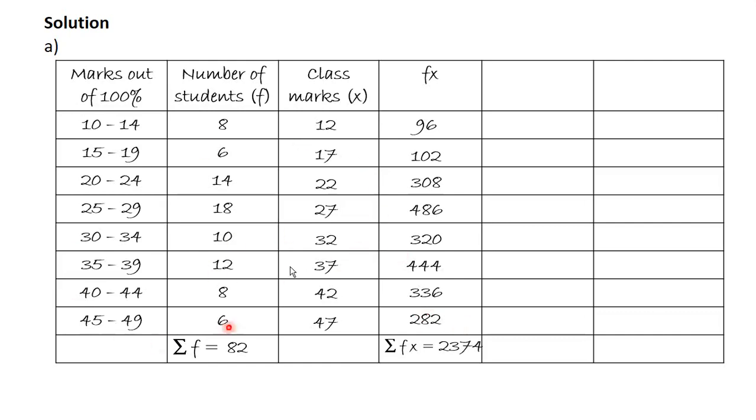So we have finished filling this table. Now, since we also want to get the median, we shall also get the cumulative frequency, and we shall need a class boundary. So let's get the class boundary here, and then we shall also have the cumulative frequency here.